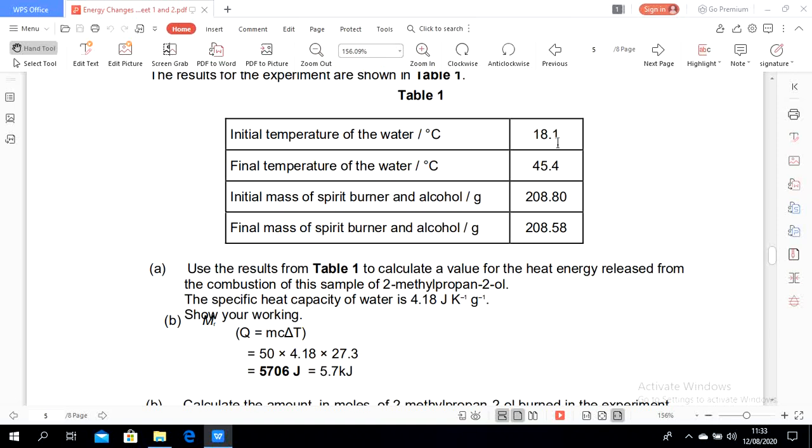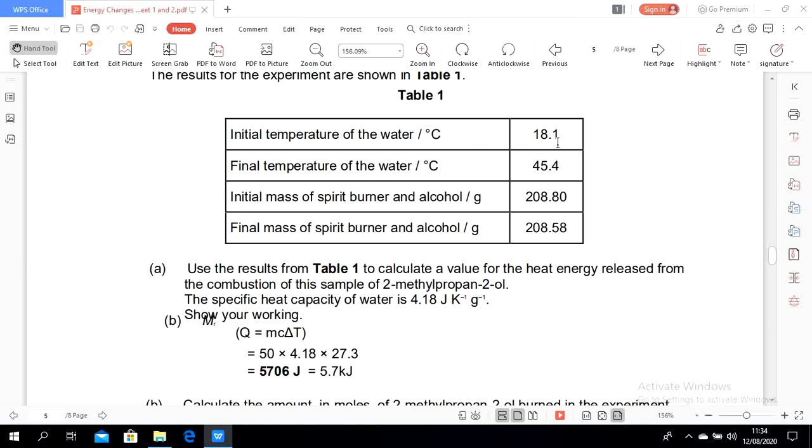Why don't we convert into Kelvin? Why do we have to use the Celsius? Although it is Celsius or Kelvin, for example 18.1 plus 273 will be the same as 45.4 minus 18.1. So let's see, 18.1 plus 273 will become 291.1 Kelvin.